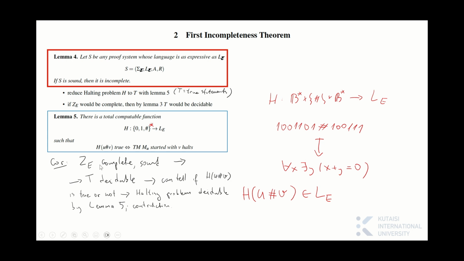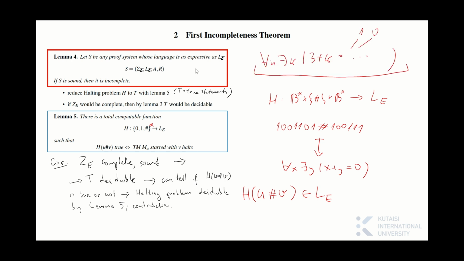So my assumption that ZE is complete and sound is false. If I assume ZE is sound, which I have to assume because otherwise it's either not sound or not complete, I kind of assume that it's sound and I say that it's not complete. Okay, let's pause this and say this.